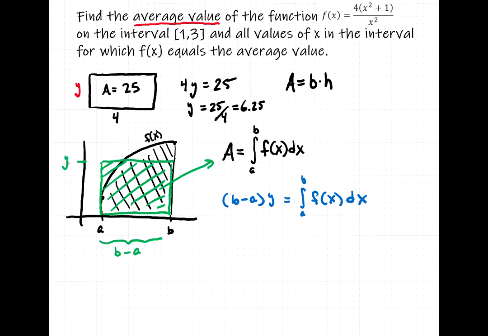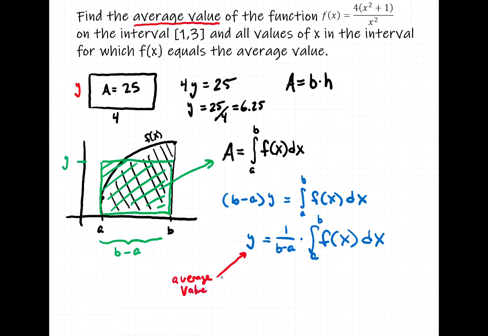The unknown here is y, so let's divide both sides of this equation by the base of the rectangle, or by b minus a. So y is equal to 1 over b minus a times the integral from a to b of f of x dx. This value of y right here is called the average function value, or the average value of the function.